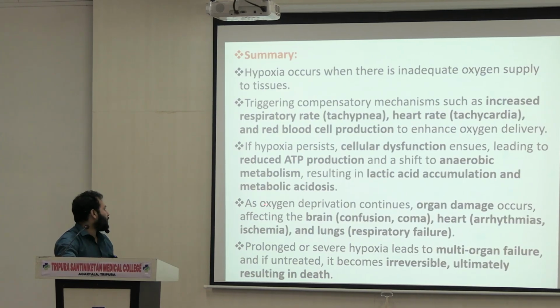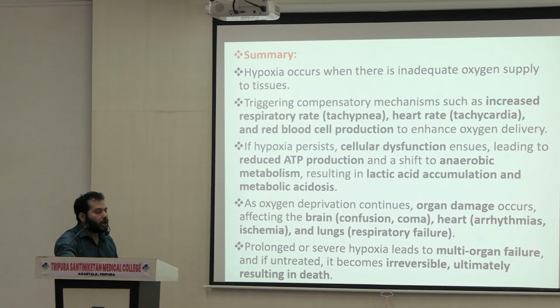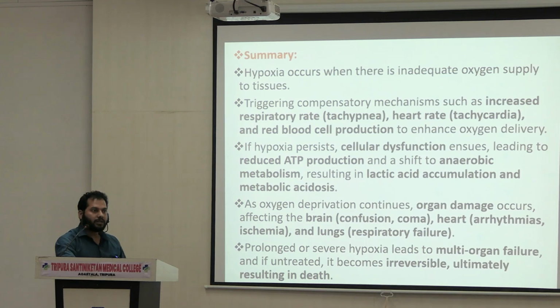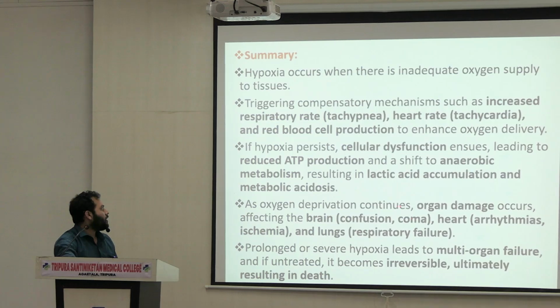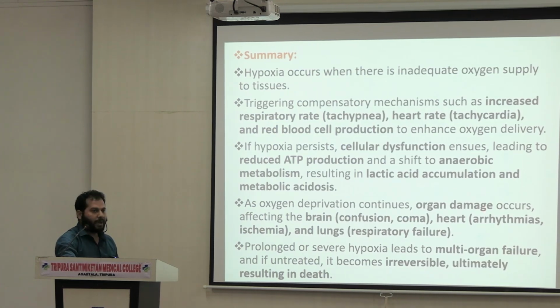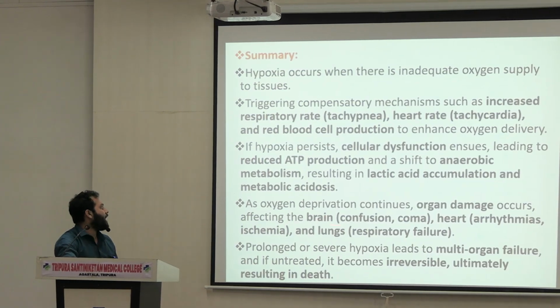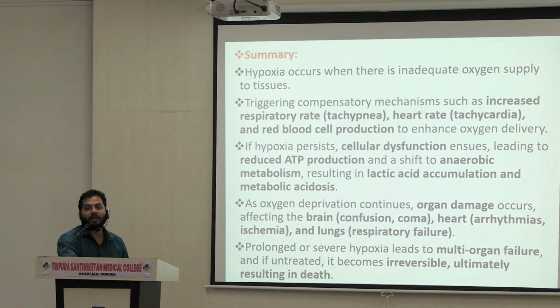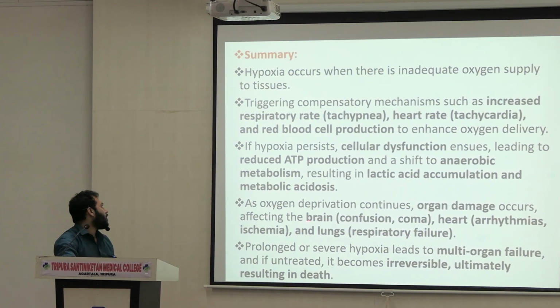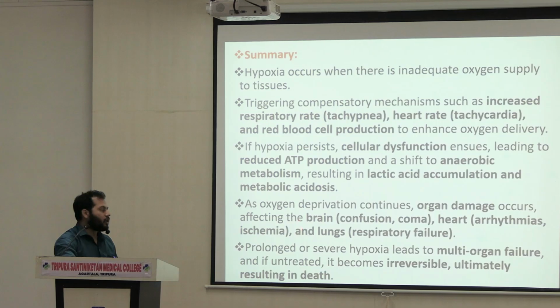And at the same time, as oxygen deprivation continues, what is the negative impact of continuous deprivation of oxygen? Organ damage may happen, mainly affecting 3 different parts: brain, heart, as well as lungs. Meaning 3 most important organs may be damaged due to continuous deprivation of oxygen.